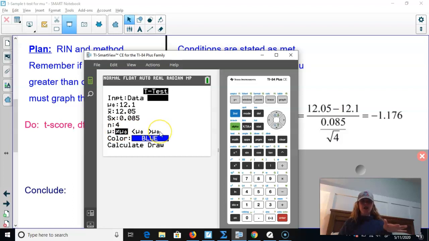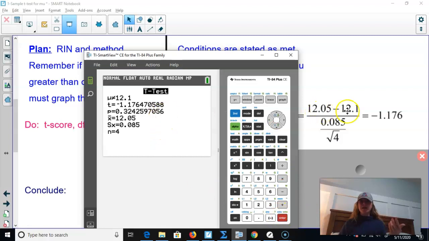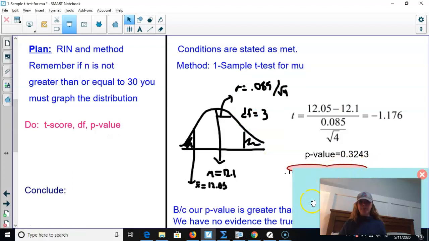Right here's my alternative, and I follow the sign just as is. I have a not equal to. And I go down and I calculate. So you can see I have my t-score right here. And then over here, I wrote that p-value down. And I'm really good to go from there.